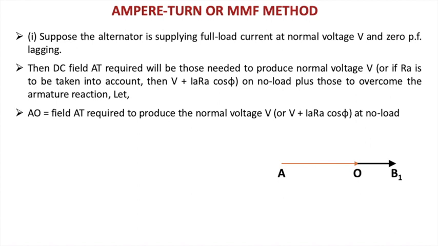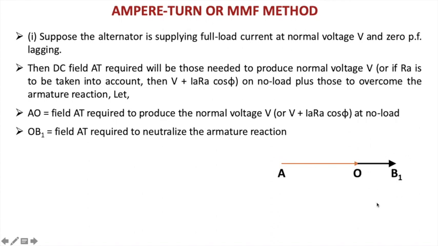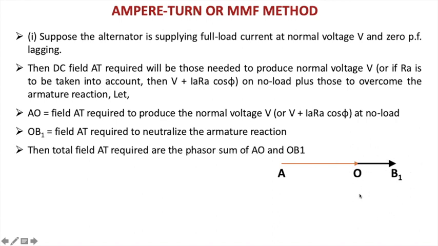Over here in this phasor diagram, AO is the ampere turns to produce the normal voltage V at no load, and OB1 is the field ampere turns required to neutralize the armature reaction.